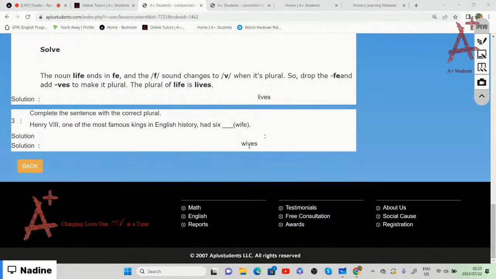We added the ves to fe, to make wives. One wife, two or more wives.